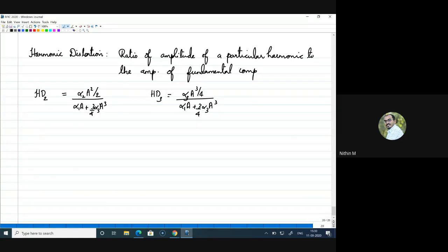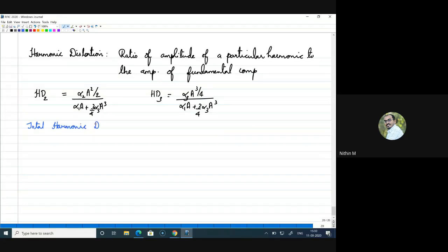So in general, we will not write separate harmonic distortions like HD2 and HD3, but in certain specific cases we will look at only certain harmonics. In general, we will characterize using a performance metric called total harmonic distortion.